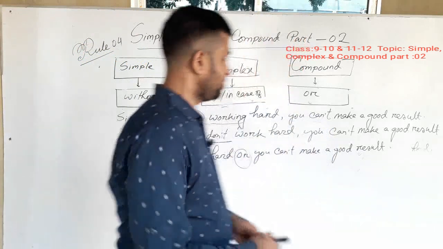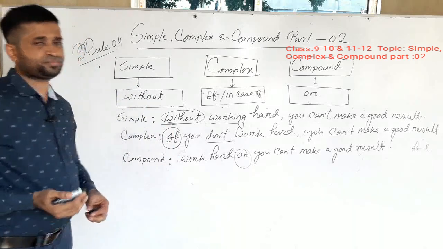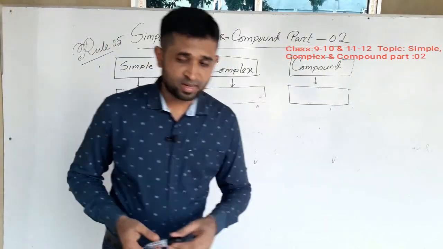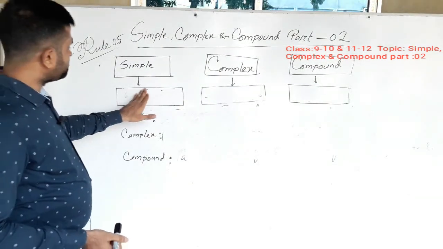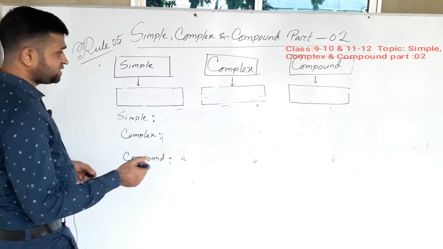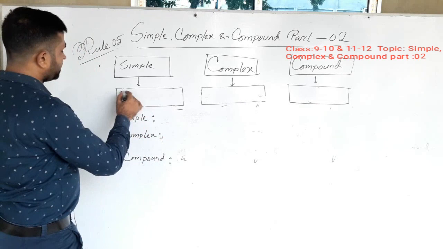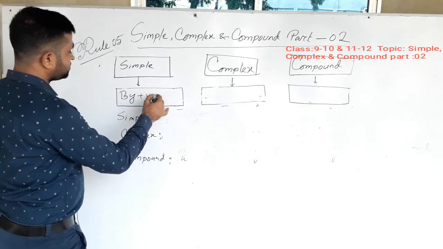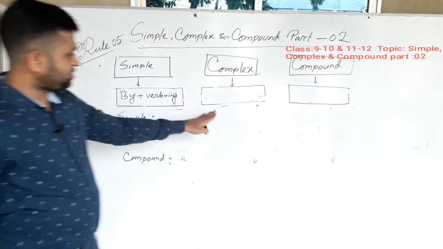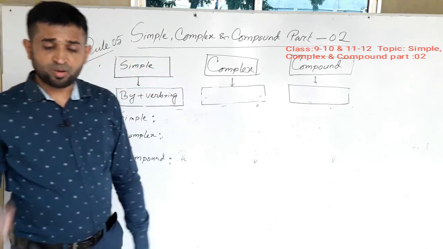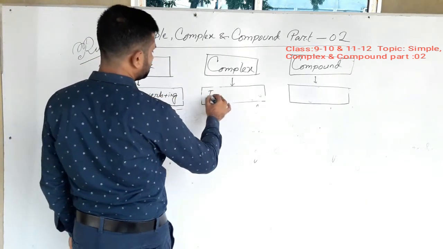So this is the system. Now I am giving you another rule to understand very easily. Dear learners, now I am giving another example so that you can answer so spontaneously. The short technique is: simple uses by plus verb plus ing, and in complex sentence obviously you should use "if".